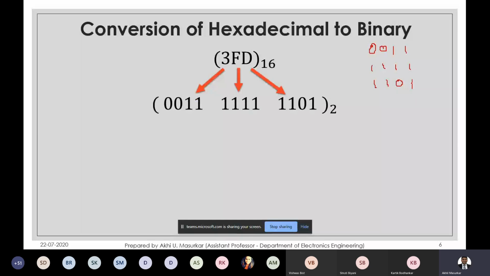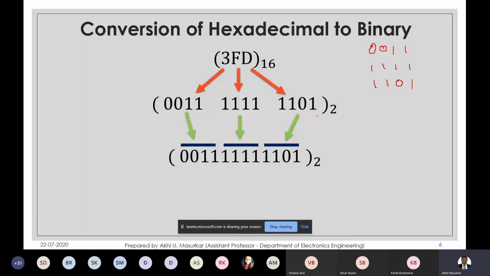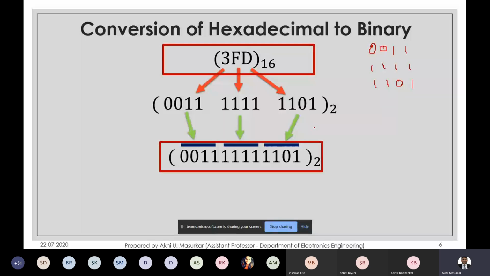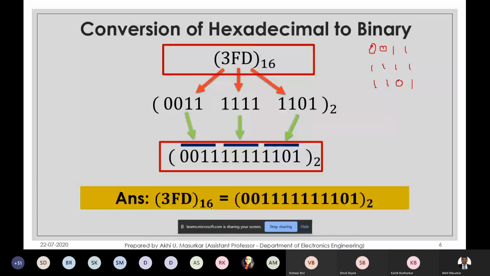Just now we saw that. So we just arrange that in the proper order. 3 is this, F is 4 ones, and D is 1101. And when you just combine it, what you are going to get is the hex to binary. So this is what it is.